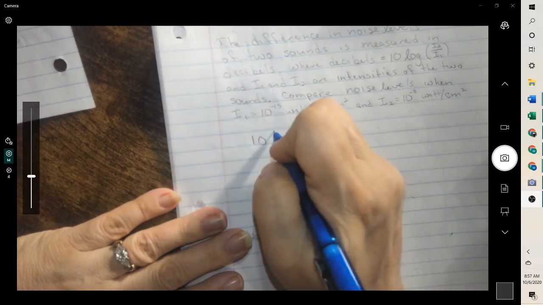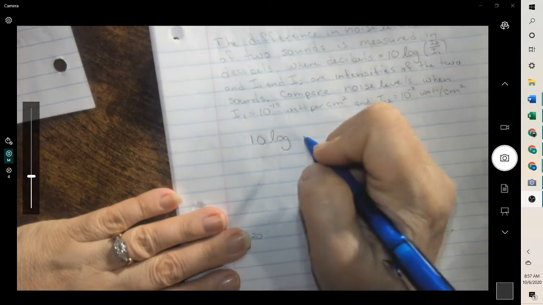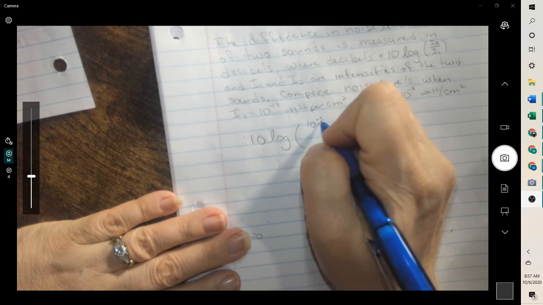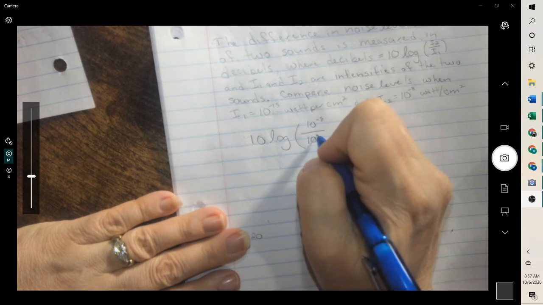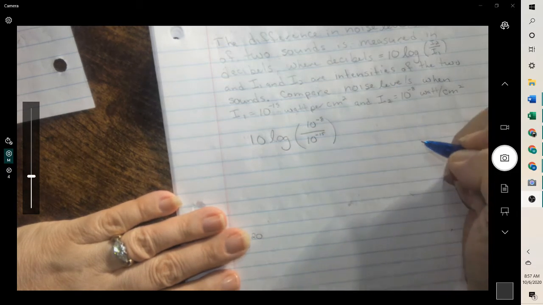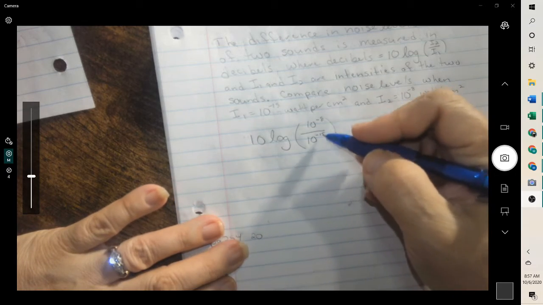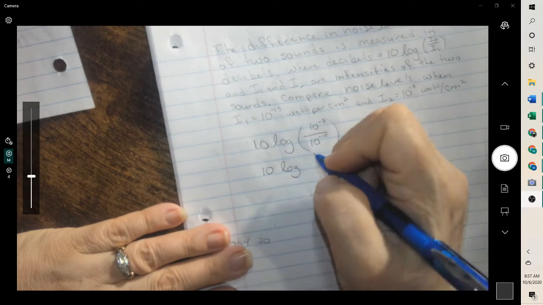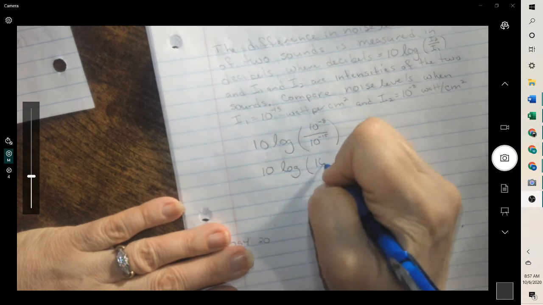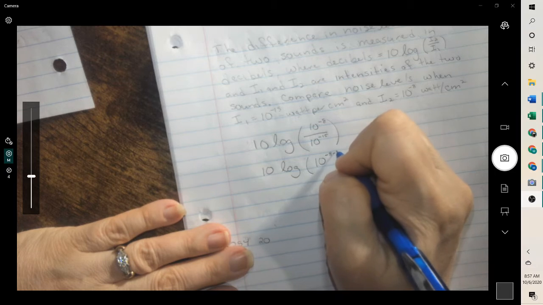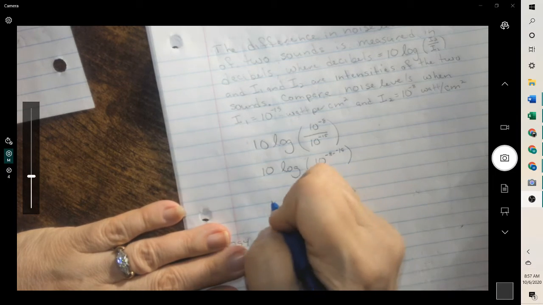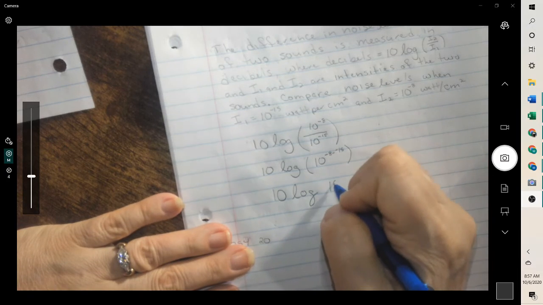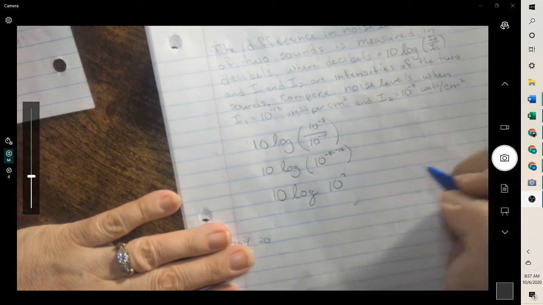10 log I sub 2, so 10 to the negative 8 over 10 to the negative 15. Now we know when we divide, we subtract the exponents. So this will be 10 log 10 to the negative 8 minus a negative 15. 10 log 10 to the positive 7.